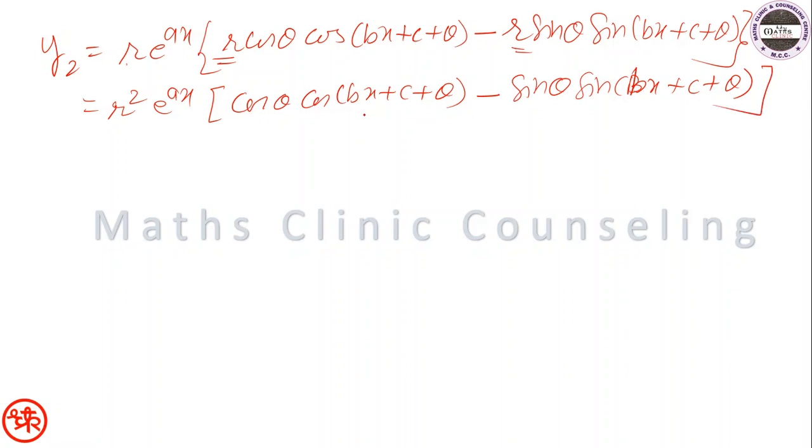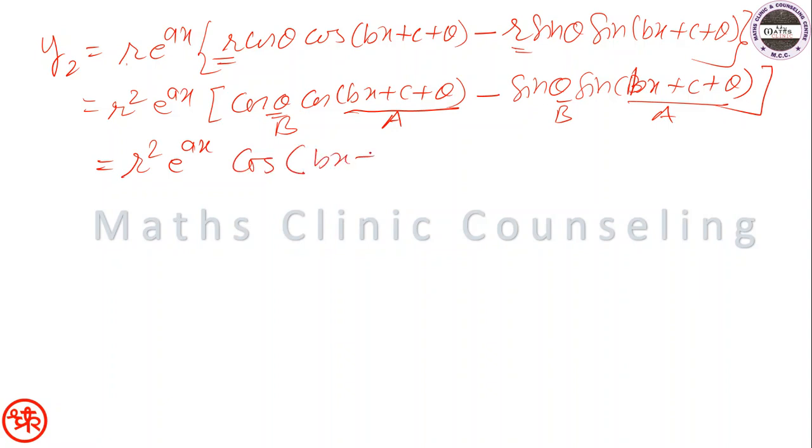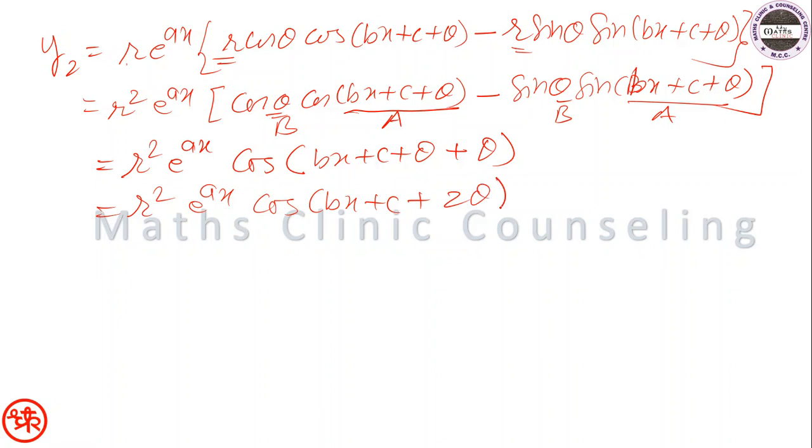Okay, let us see. This is a, this is b, cos a cos b minus sin a sin b, बराबर है. So it is equal to r square e to the power ax into cos of a plus b, bx plus c plus theta plus theta, that is equal to r square e to the power ax into cos of bx plus c plus 2 theta.